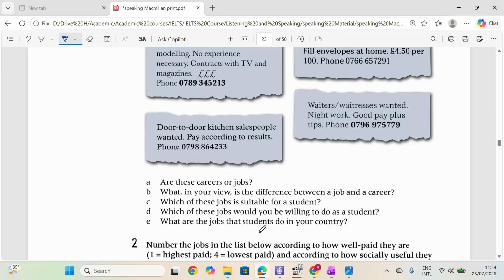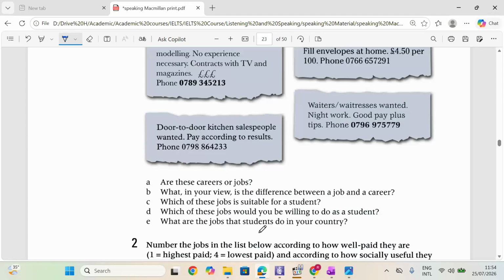Okay. So these are jobs because they are temporary or part-time positions that people do to earn money. It's not a long-term career, which is the definition of a career: a long-term profession that involves growth, experience, and achieving personal goals.